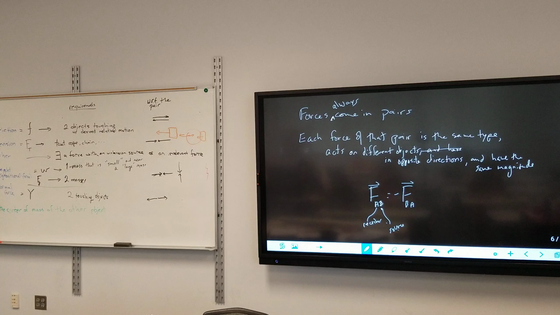In terms of normal force, I have two normal forces acting on me right now: a normal force from the carpet and a normal force from the wall. The force on me from the carpet is upwards. The surfaces of contact are horizontal, so it's perpendicular to that, so it's up acting on me, down acting on the ground. With the wall, the normal force the wall exerts on me is that way. The force that I exert on the wall is that way. It's perpendicular to that surface of contact.